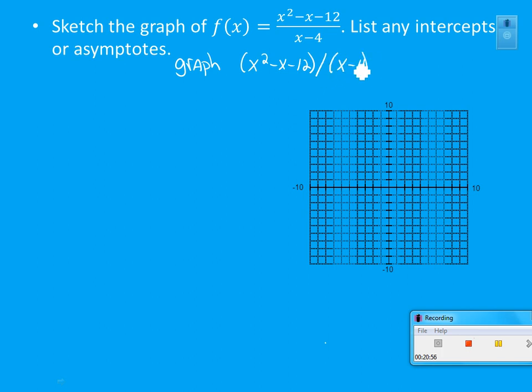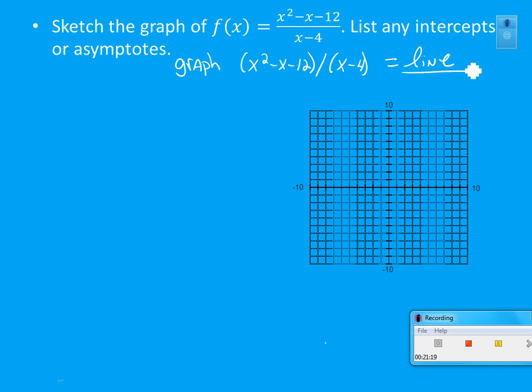Otherwise, it's going to give you some kind of hyperbola. So graph that, and I'm hoping that once you hit graph, you just see a plain old line on there.